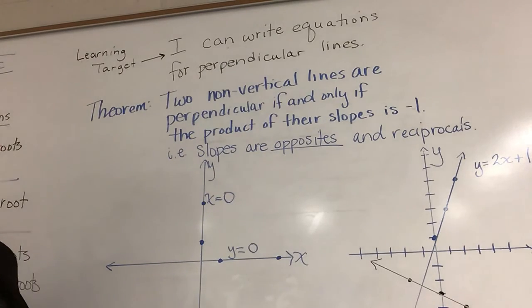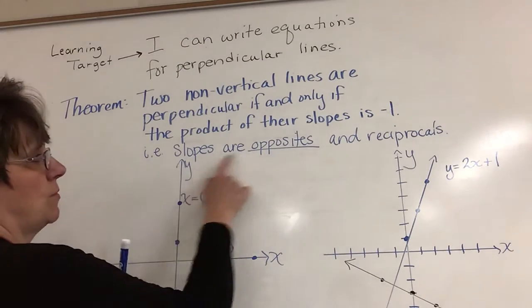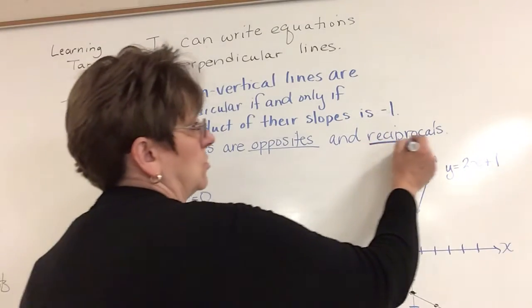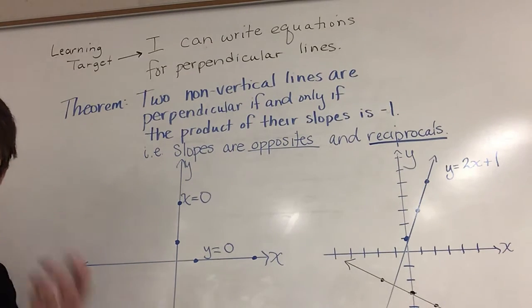Sometimes that vocabulary is a little confusing for students, so I added in here, in other words, the slopes are opposites and reciprocals. So slopes are opposites and reciprocals, and we'll see a little bit about why that has to happen.